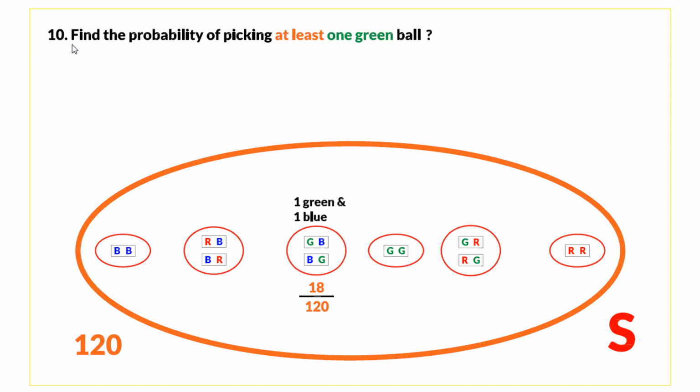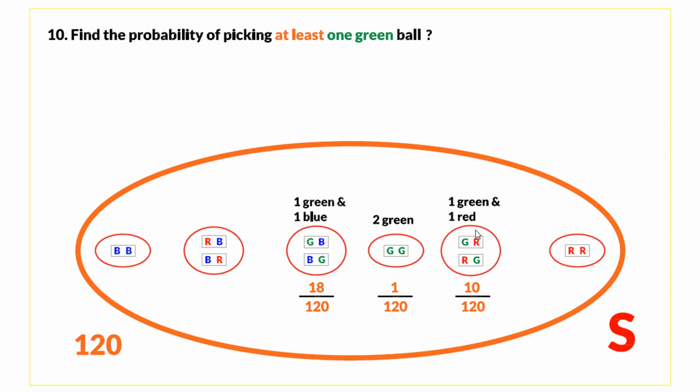Question number 10. Find the probability of picking at least 1 green ball. So we can pick 1 green or more. So this is one of the possible events, which is 1 green and 1 blue, or 1 green and 1 red, or 2 greens.